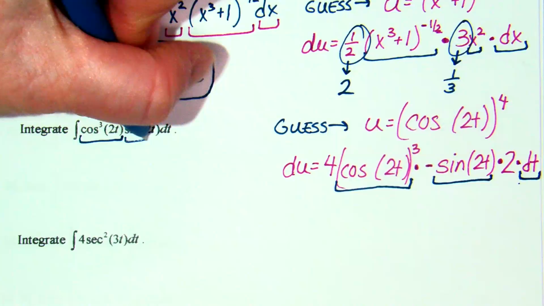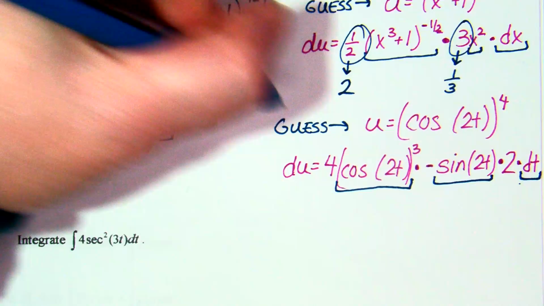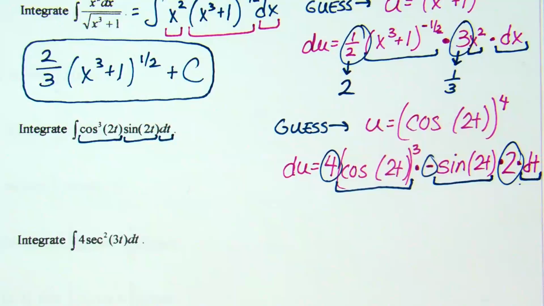What am I compensating for? 4, 2, and -1. A 4, 2, and a negative. So what compensates for a 4, if you didn't already put it out front, is a 1/4. What compensates for a 2? A 1/2. And what compensates for a negative?